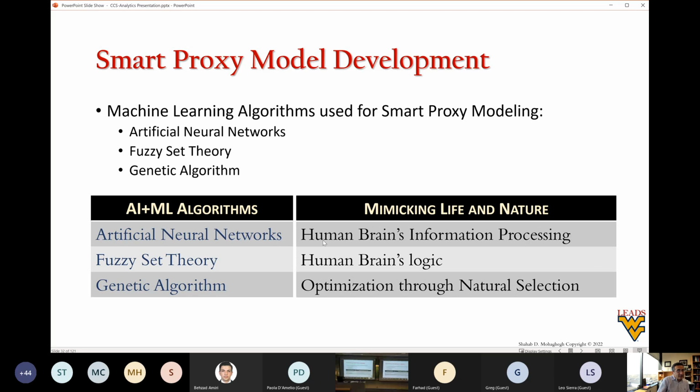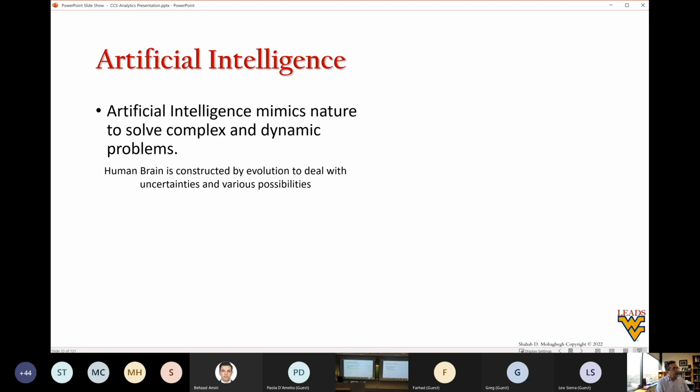Remember that AI and machine learning is mimicking life and nature, as we explained. Artificial neural network mimics human brain information processing. Fuzzy set theory mimics the human brain's logic. Genetic algorithm mimics optimization through natural selection. Very quick, I'm going to give you one short definition of each one of them.